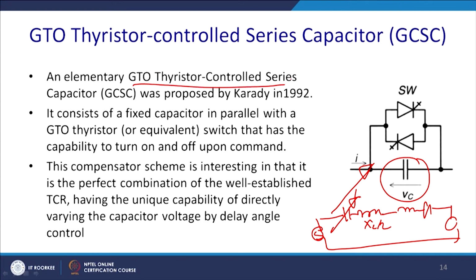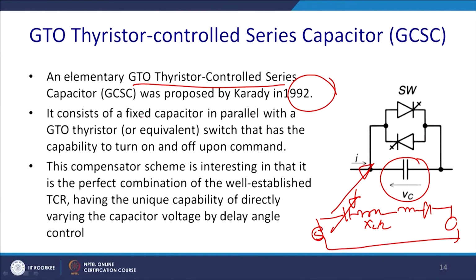There are a lot of abbreviations, and students are requested to become familiar with those applications, as they are very much used and practiced in industry. So, GCSC was proposed by Karady in 1992. So, this solution came around 25 years ago.